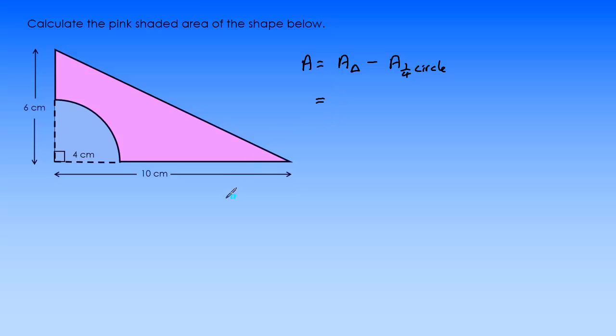Now a triangle is base times height divided by 2, so the base is 10 and the height is 6. So that's 10 times 6 divided by 2, or a half times base times height.